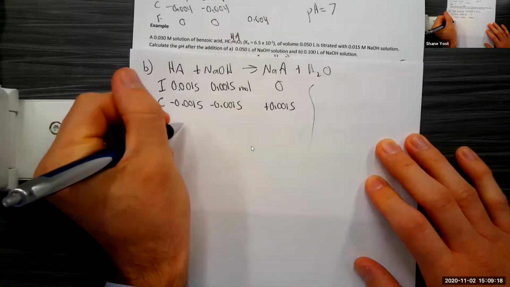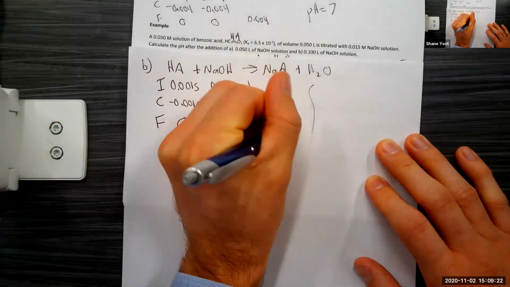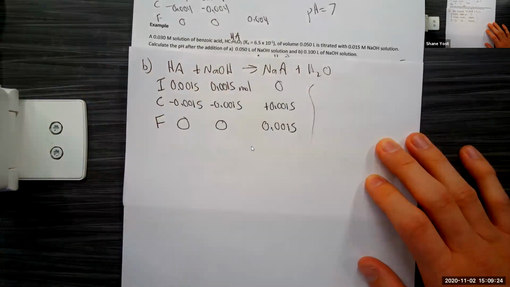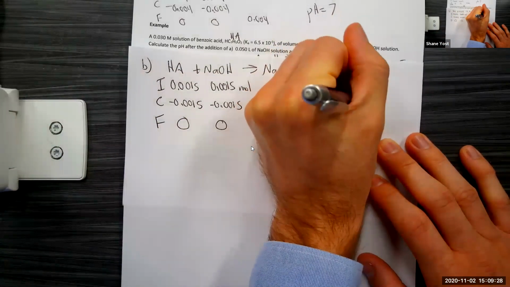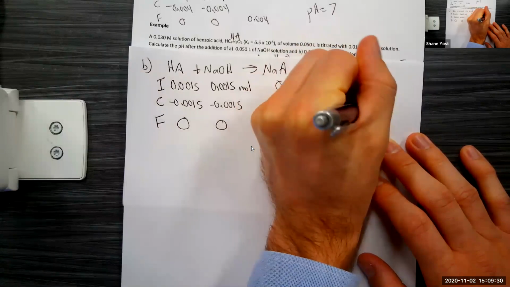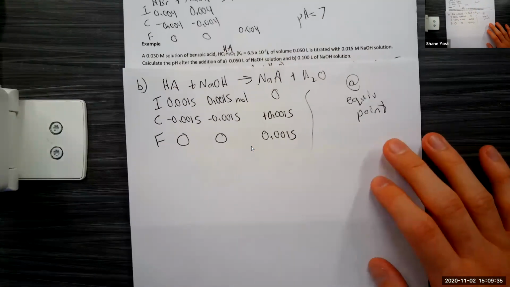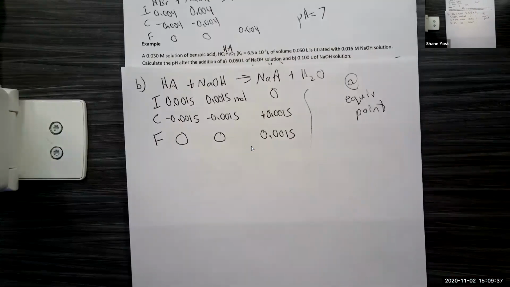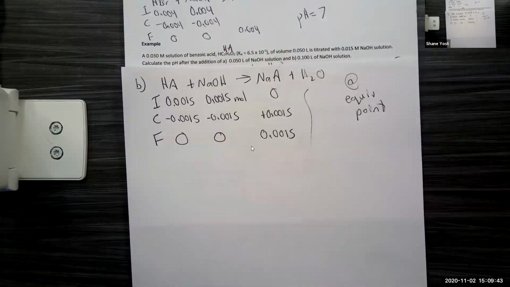So part B here is at the equivalence point. Part B is the equivalence point for this solution, because I've added equal moles of my strong base as the weak acid that I had in solution. And again, I get the moles from the concentration times the volume.